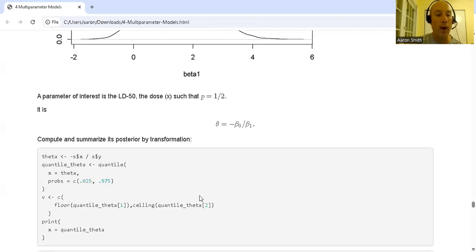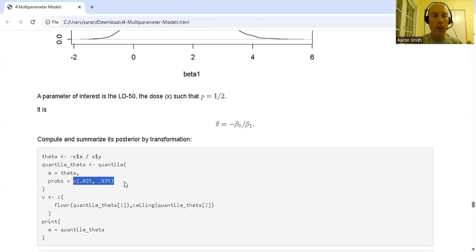Okay, so let's go ahead and do that. Here I've got negative intercept over the slope. Now I'm going to limit what I'm concerned with to the 95 percentile because we can get some weird outliers that will warp the visualizations that we're about to do.